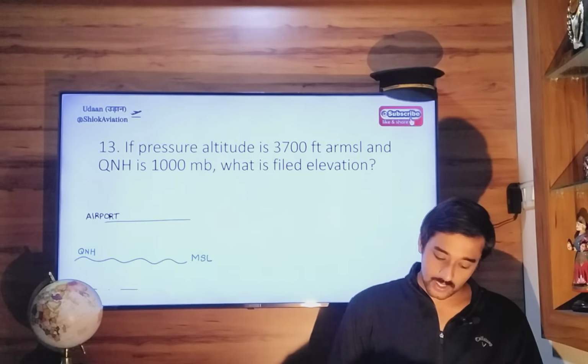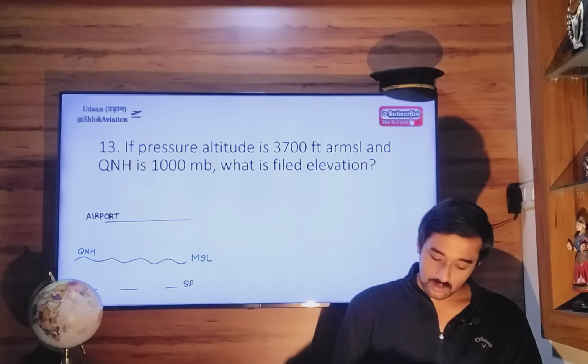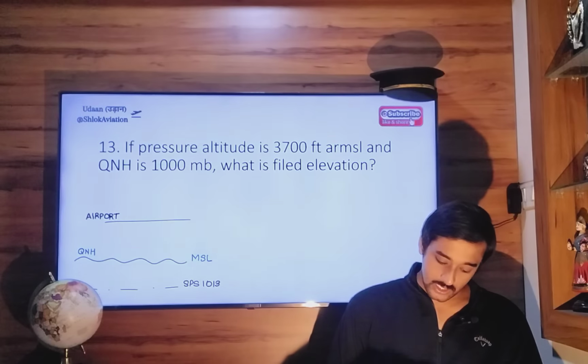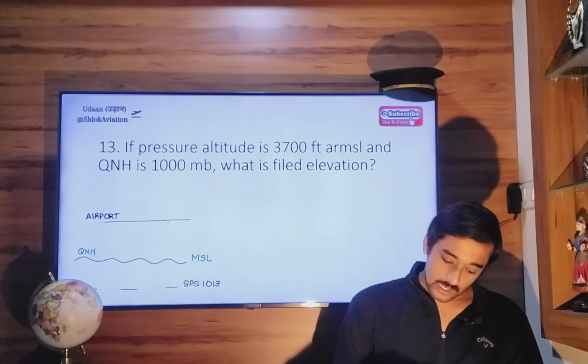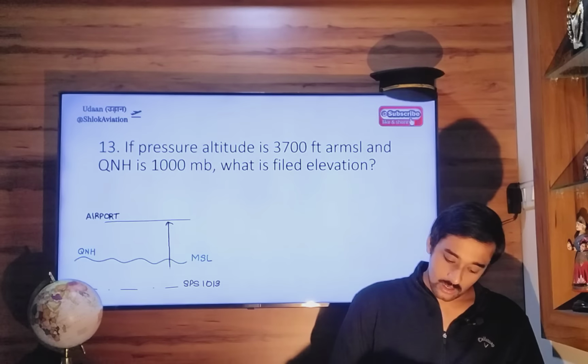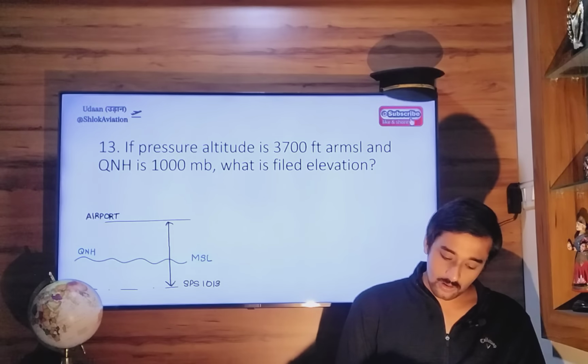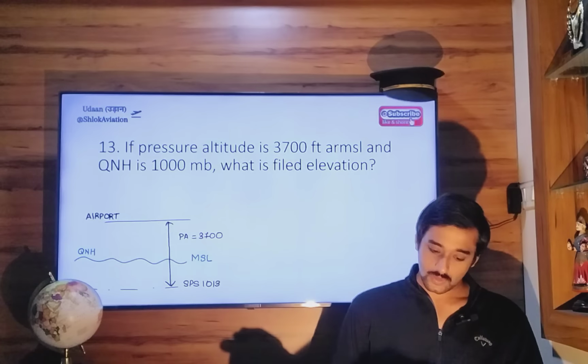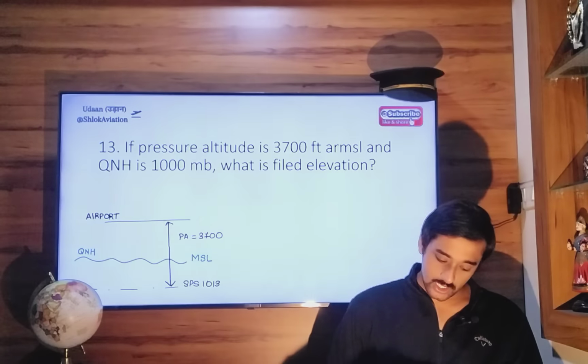This is your standard pressure setting 1013. Pressure altitude of this airport is 3700. Pressure altitude is measured from airport with standard pressure setting value, that is equal to 3700. Field elevation QNH is 1000.